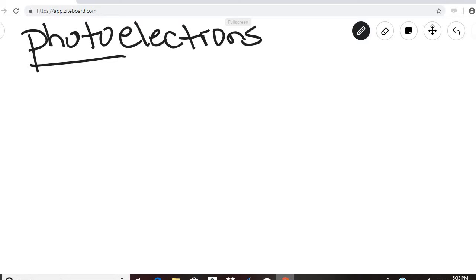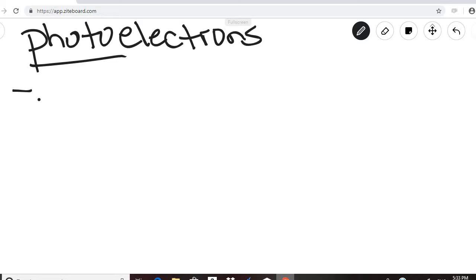However, there have been some other observations that don't make sense if light is a wave. Your book enumerates all of these.